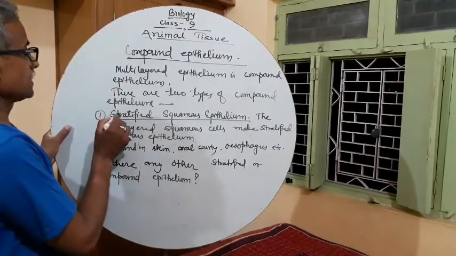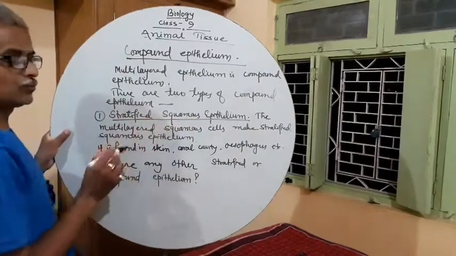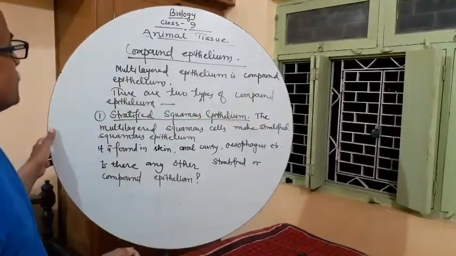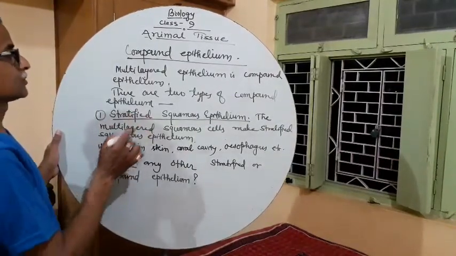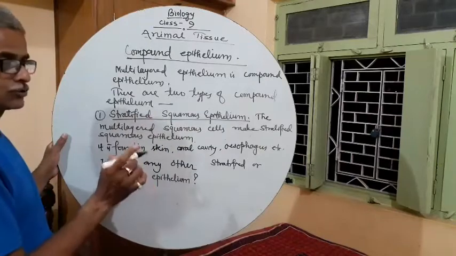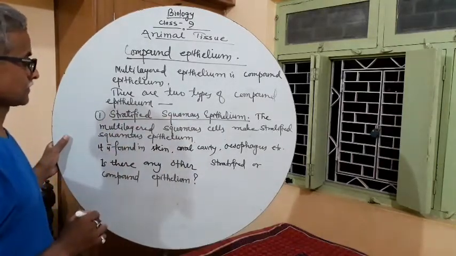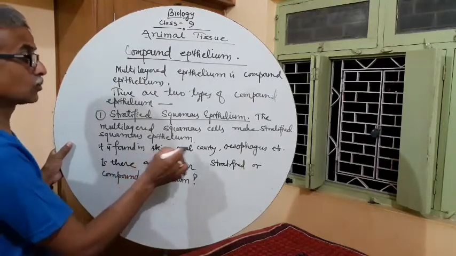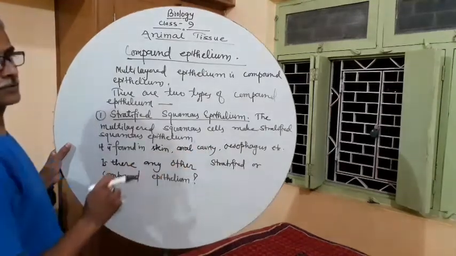There is squamous epithelium which is stratified or multi-layered. So a multi-layered squamous epithelium is called stratified squamous epithelium. It is found in skin, in oral cavity, in esophagus, etc.